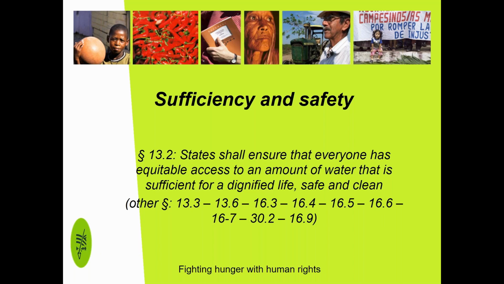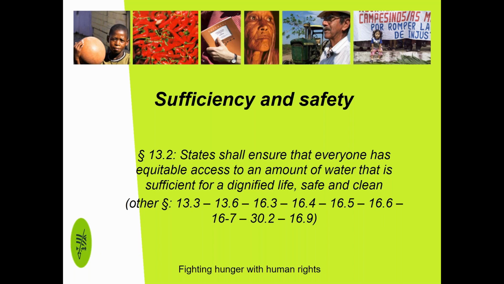For instance, paragraph 16.5 says that in case of water pollution, states shall mitigate the damage and protect the affected persons' rights, and remedies shall be provided as expeditiously as possible.